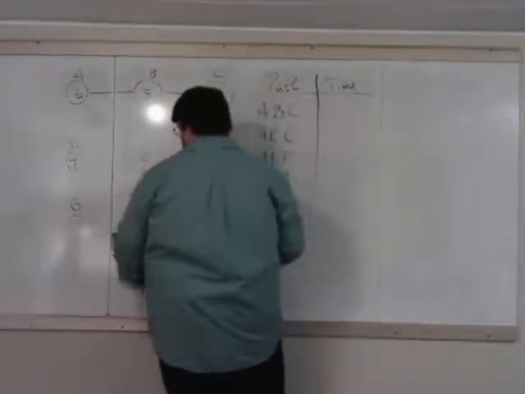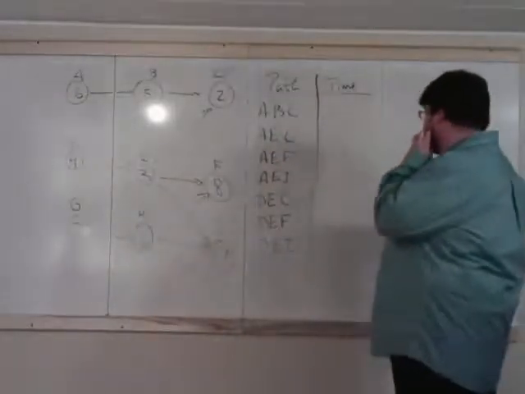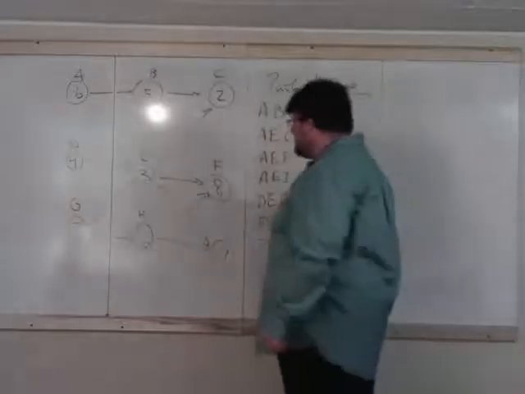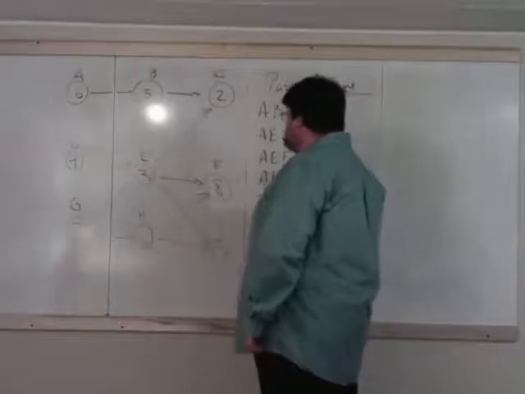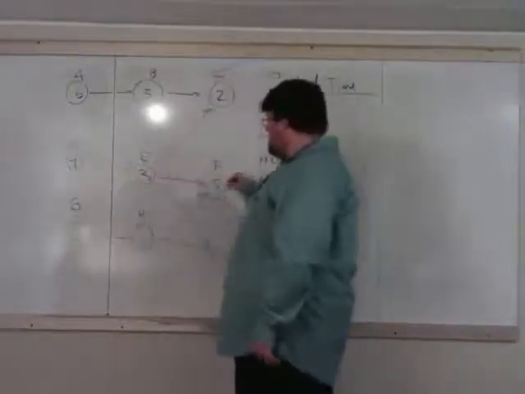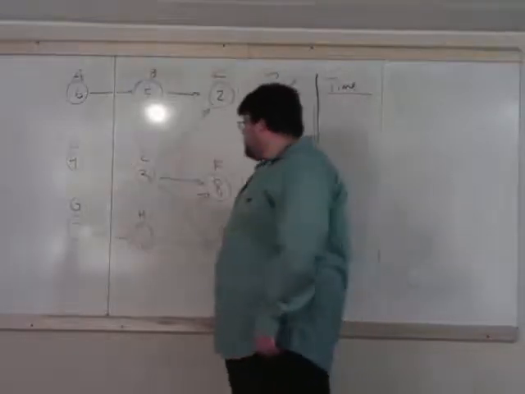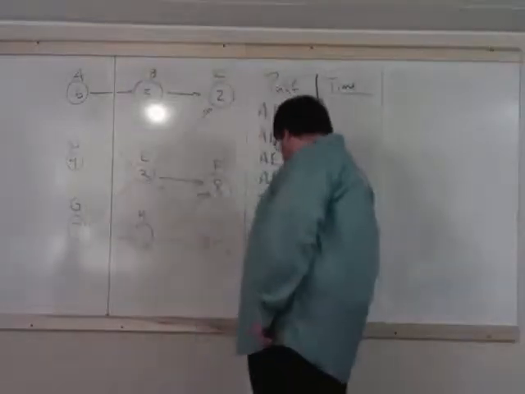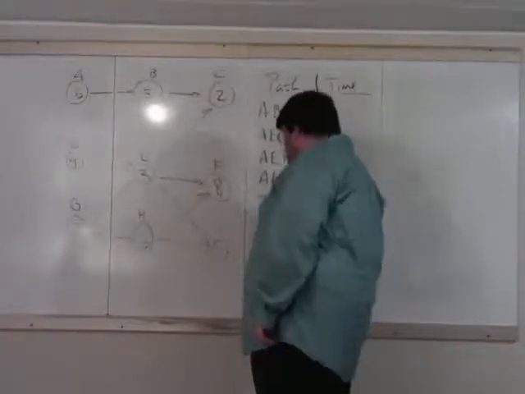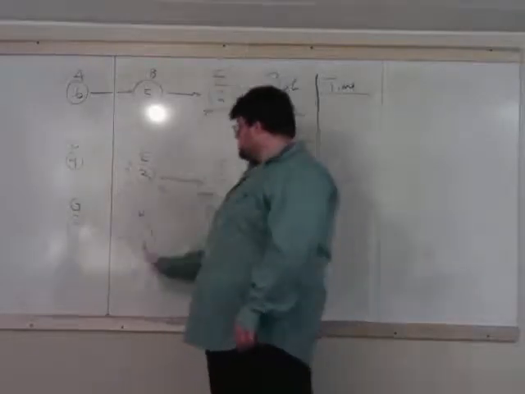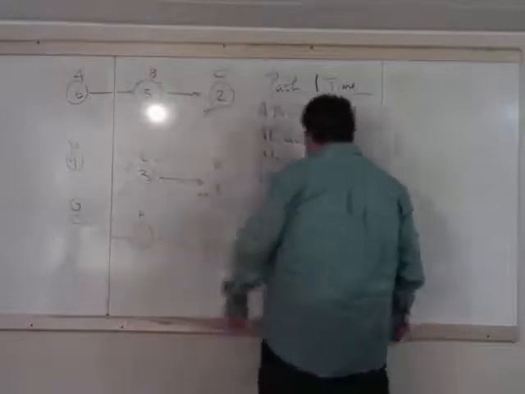G, you can go up to E, up to C. G, E, C. Or you could do G, E, F. Or you could do G, E, I. Or you could do G, H. And from H you can only go from G to H to F, or G to H to I.